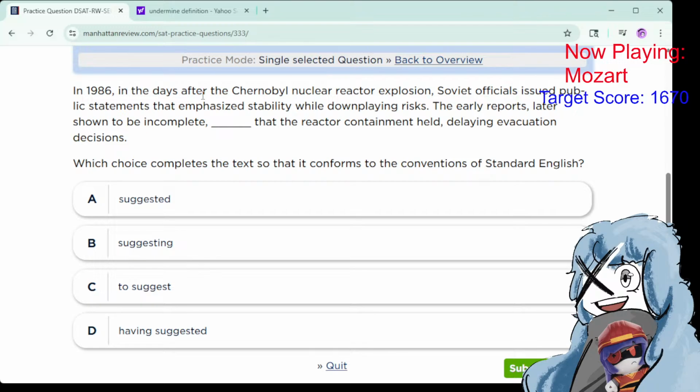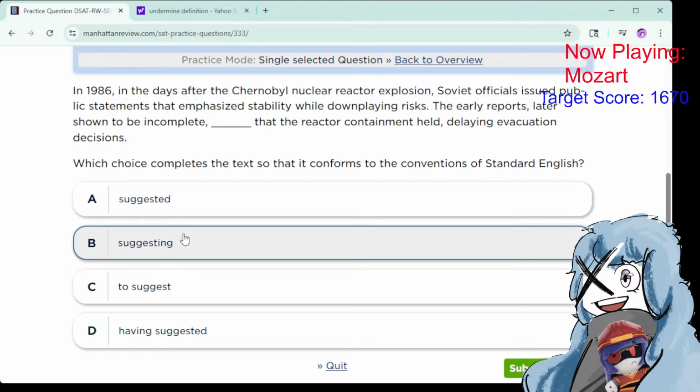The early reports later shown to be incomplete, suggesting.